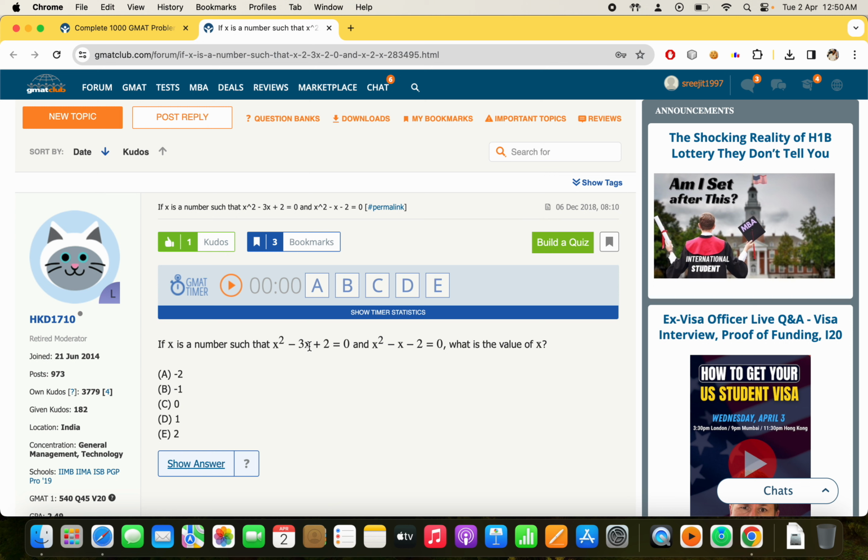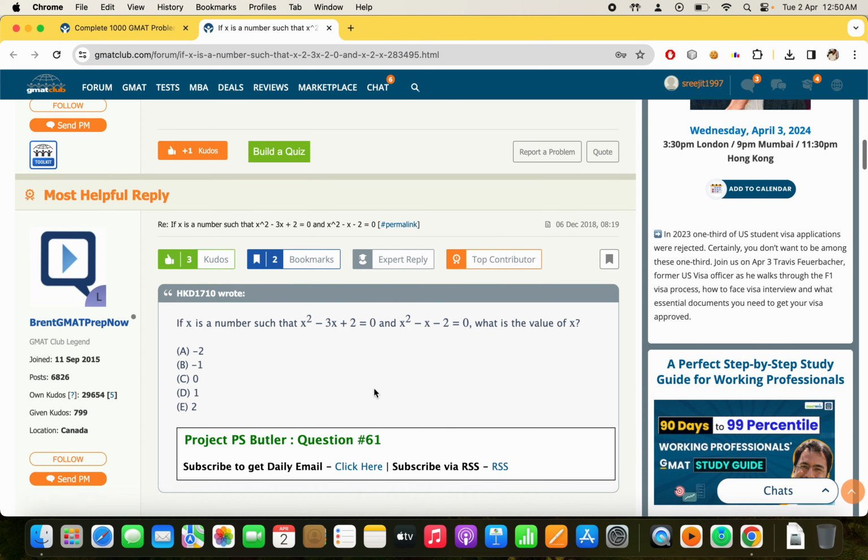So what makes sense is like 2 is satisfying, 2 is the value of x in both the equations. So yeah, this makes pretty much sense. Let's also equate it. So 2 might be the answer here. Yeah, so it's 2.